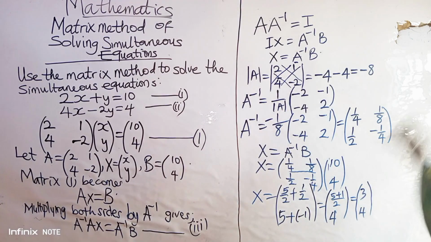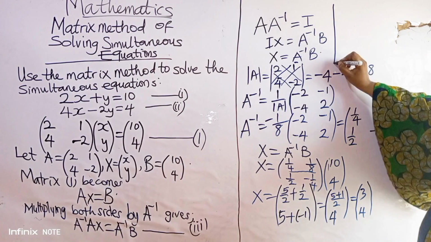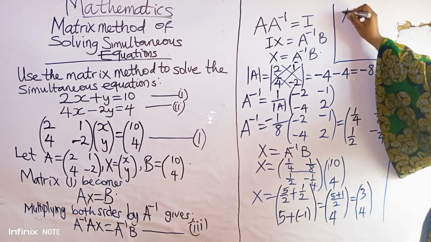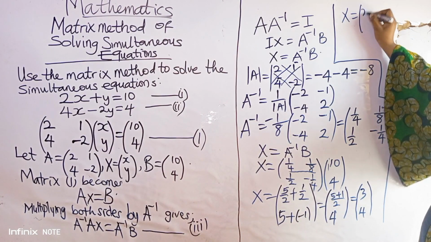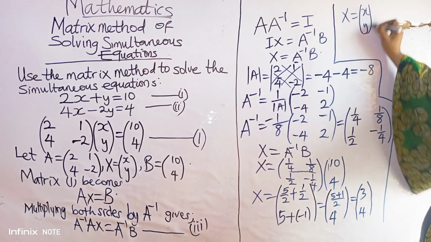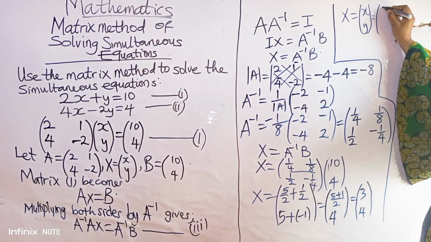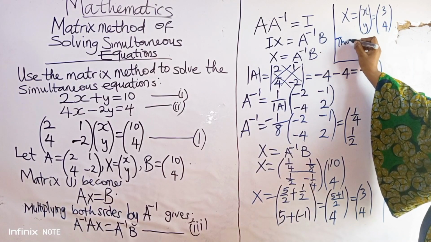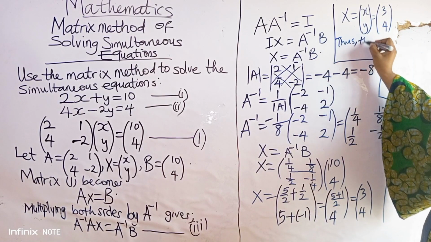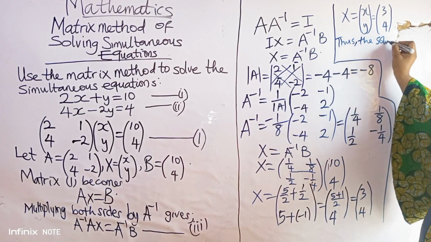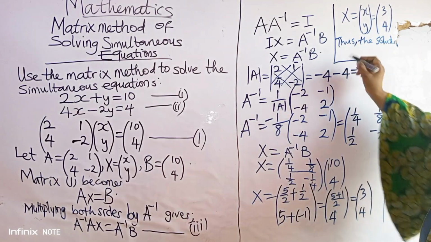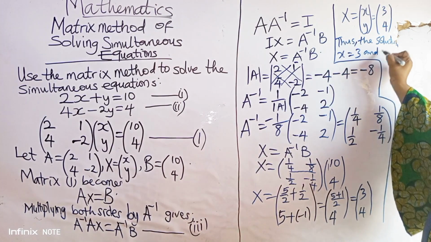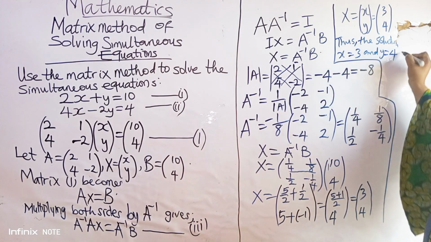So the value of my x, which is x y, is equal to 3 and 4. Thus the solution of that equation will be x is equal to 3 and y is equal to 4.